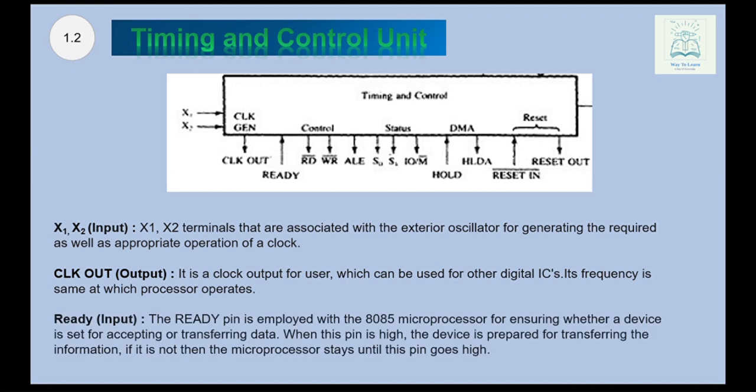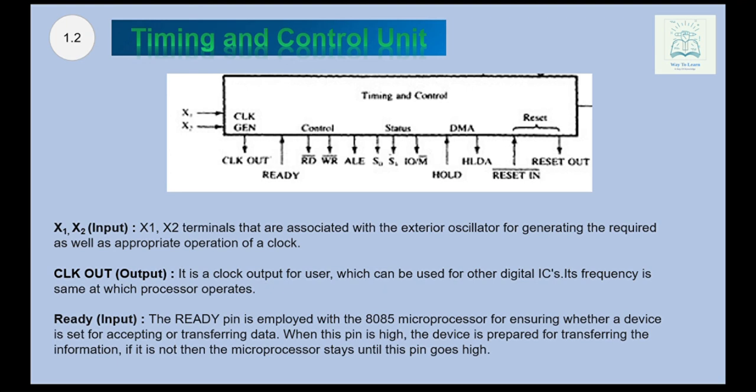Ready, it is a signal sent by an input or output device to the microprocessor. This signal indicates that the input or output device is ready to send or receive data. The microprocessor examines the ready signal before it performs the data transfer operation. A slow input or output device is connected to the microprocessor through the ready line.